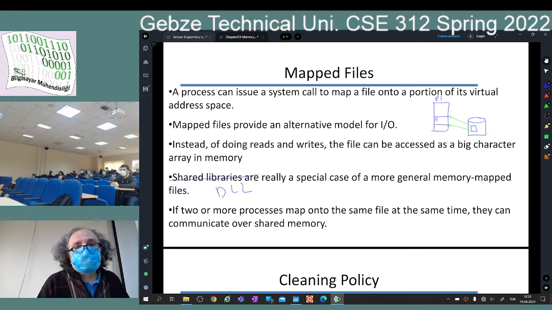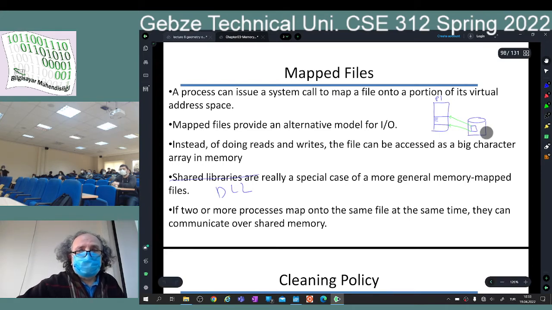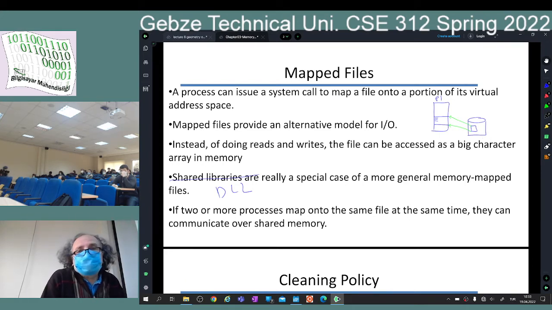Okay, so all the algorithms that I told you about inter-process communication, remember producer-consumer problems and so on, they were sharing some kind of data over the network, some shared place over the network. This can be done using these mapped files, and these mapped files can reside on this disk, and the disk could be a network disk.